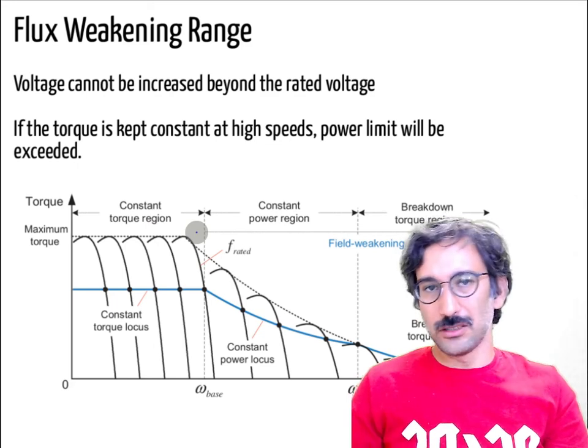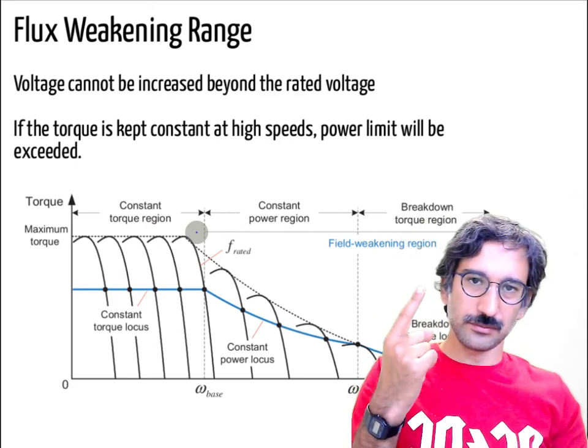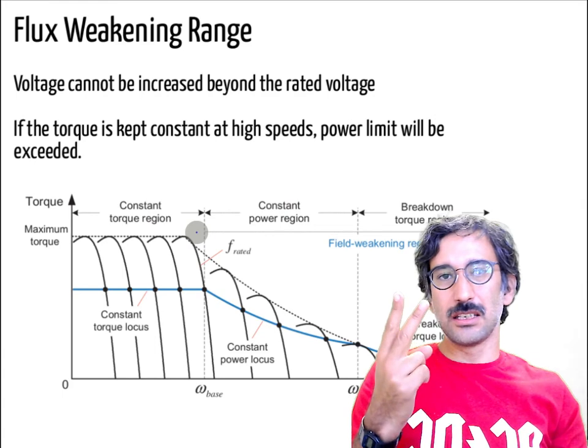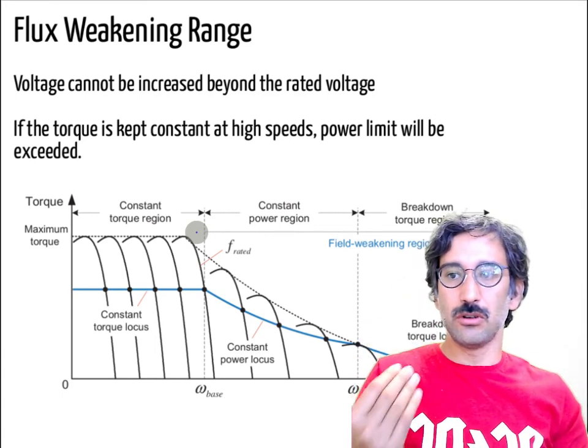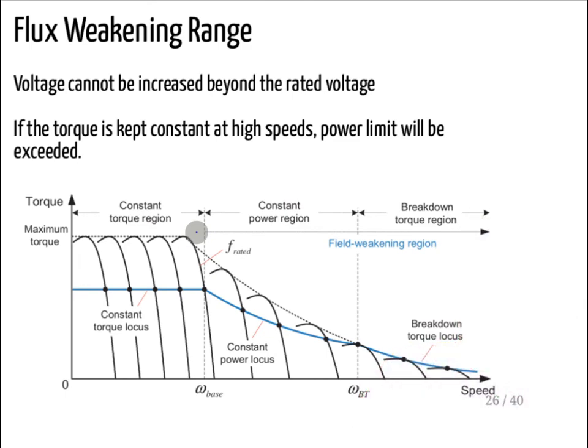As we discussed earlier, increasing frequency and keeping the voltage constant reduces your flux, and we call this region the field weakening region or flux weakening region.